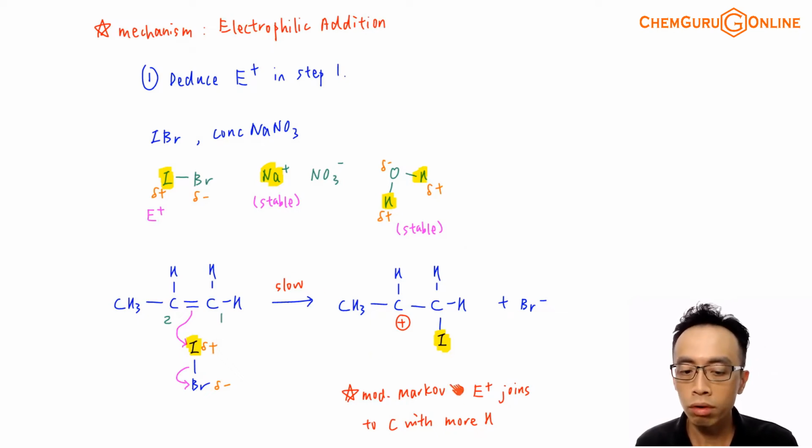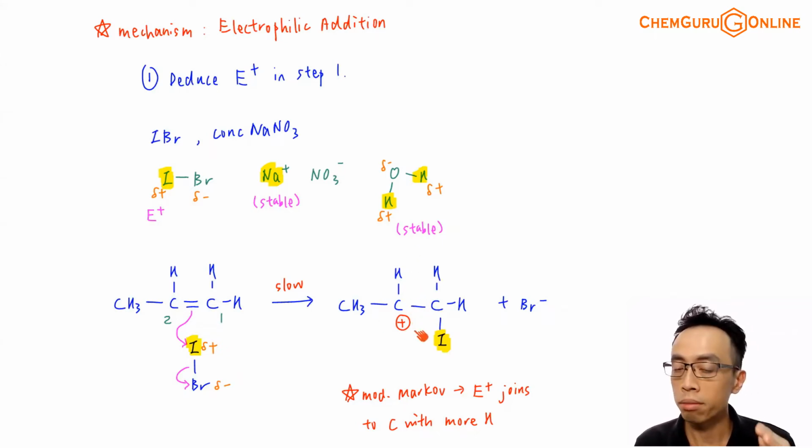Now, the modified Markovnikov rule says that the electrophile will join to the carbon with more hydrogens to give me the major product. So if I look at my iodine, which is the electrophile here, carbon number 1 has 2 hydrogens, carbon number 2 only has 1 hydrogen. So according to the modified Markovnikov rule, your iodine will join to carbon position 1. So the C+ will be on carbon position 2. This will eventually give me the major product.